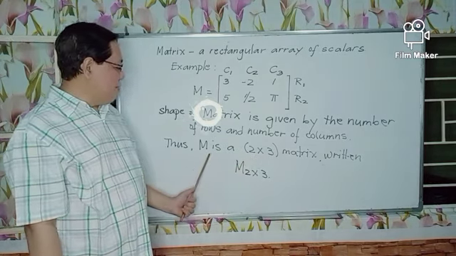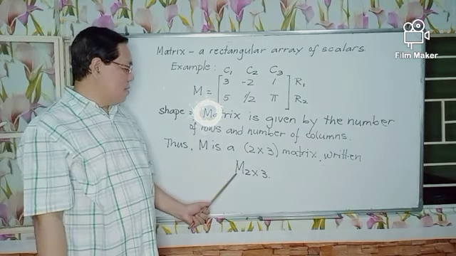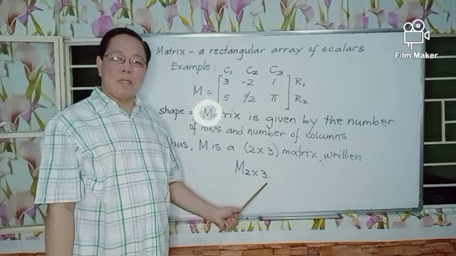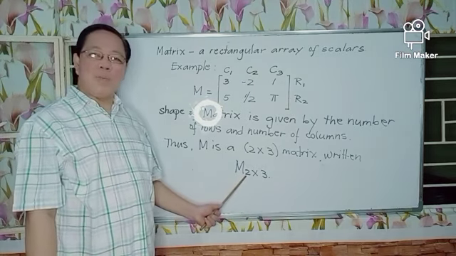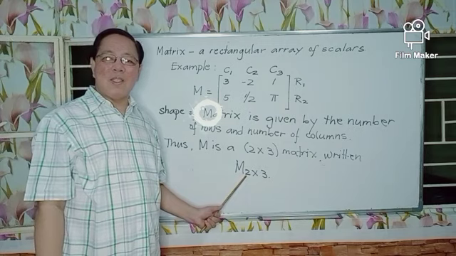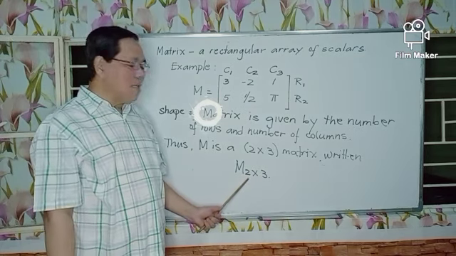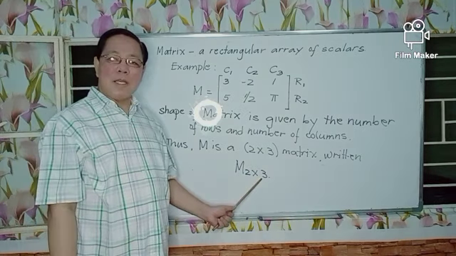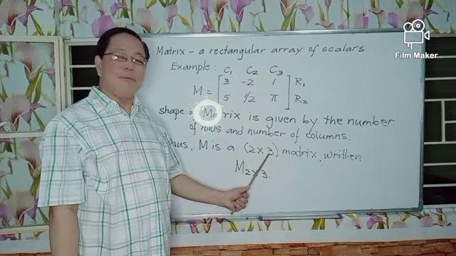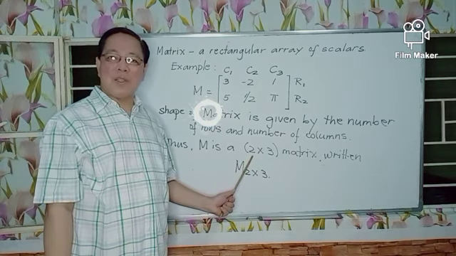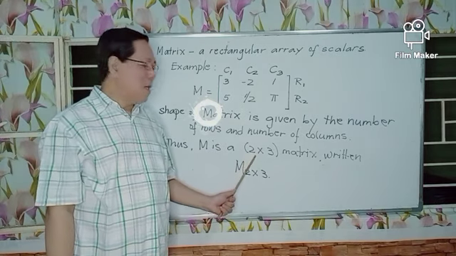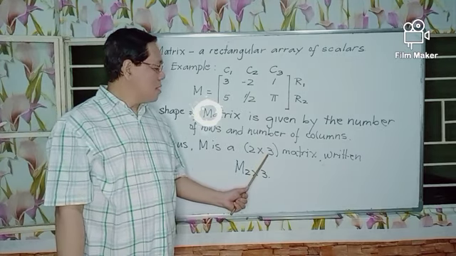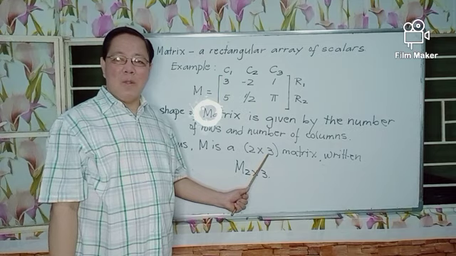Matrix M can now be written as M with subscript 2 cross 3, which means that the shape or size of matrix M is 2 by 3, which means that matrix M has 2 rows and 3 columns. In this notation, the first number always refers to the number of rows, and the second number always refers to the number of columns.